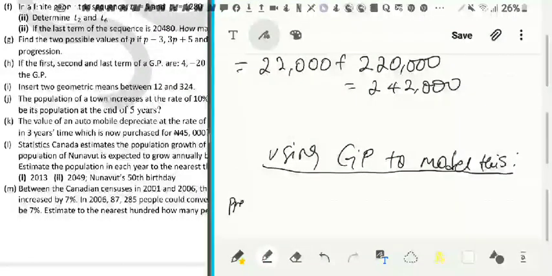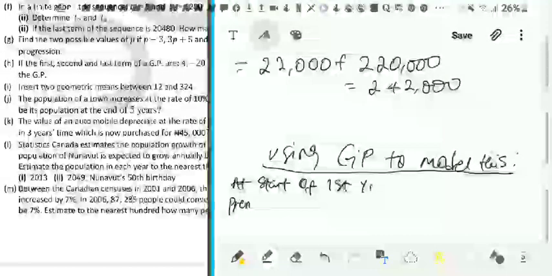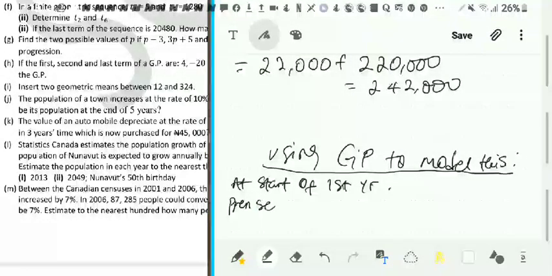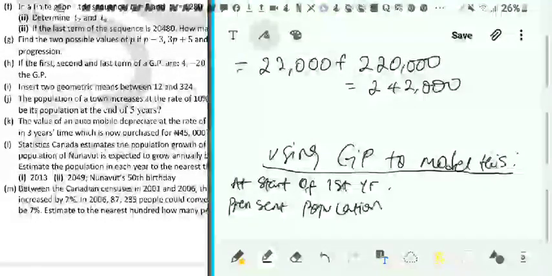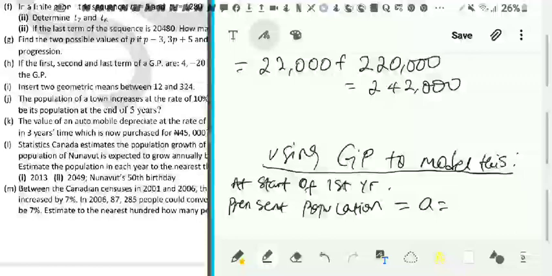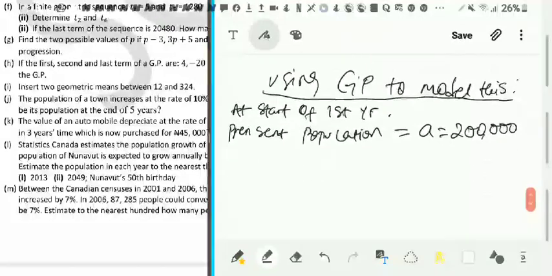Okay, so present population at the start of the first year, that's our A, 200,000, because it's the first term. A is 200,000. Good.